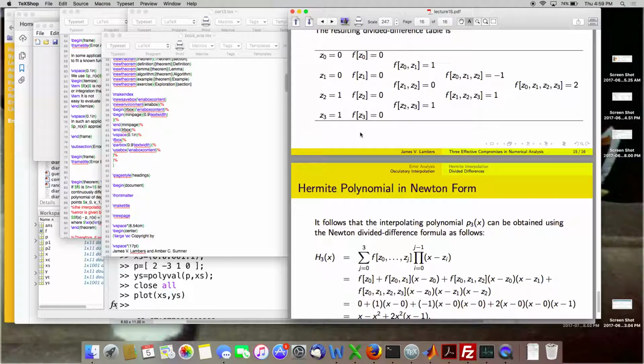So to recap what's going on with polynomial interpolation: if you have certain x values and you want a polynomial to match a certain function at those x values, and also if you have derivative information, you can match that too.